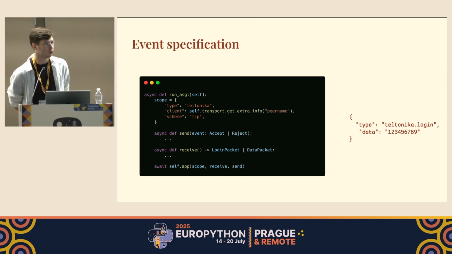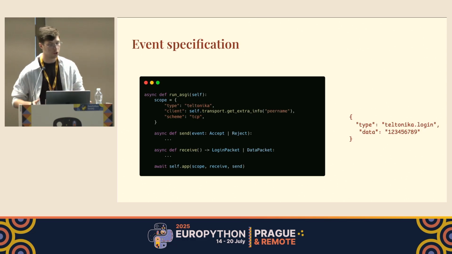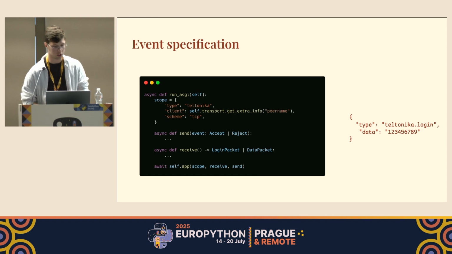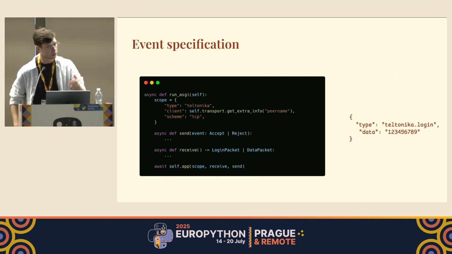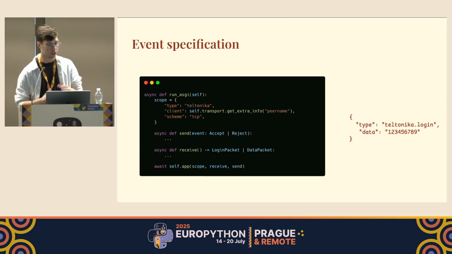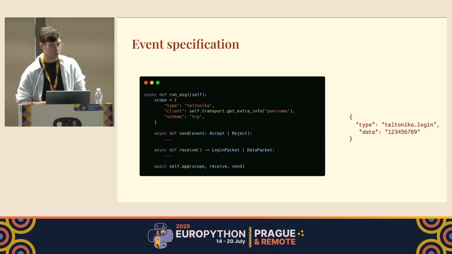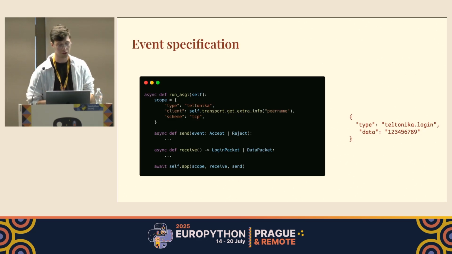The last thing to do is to start the ASGI pipeline handling. You can start it in multiple ways. Here I just started it in the same event loop. So you create a scope and specify the type. Here I use Teltonika, but for HTTP, for example, the scope type will be http, as you can guess. You also need to define these async callables, send and receive.